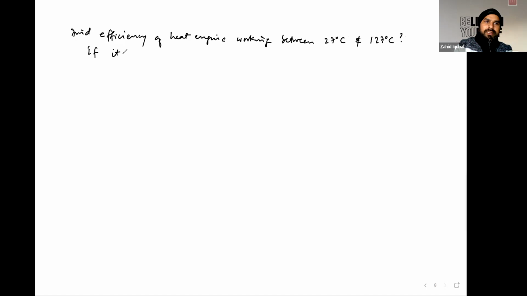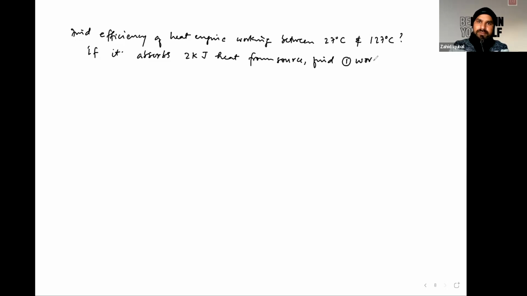If it absorbs 2 kilojoule heat from the source, find work done, and second, the heat being ejected out.